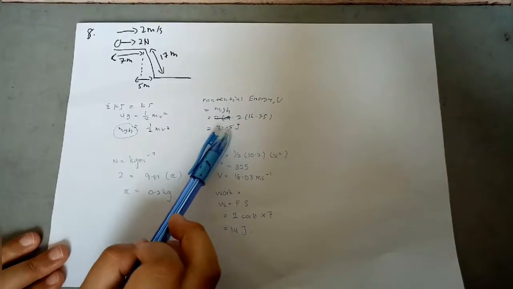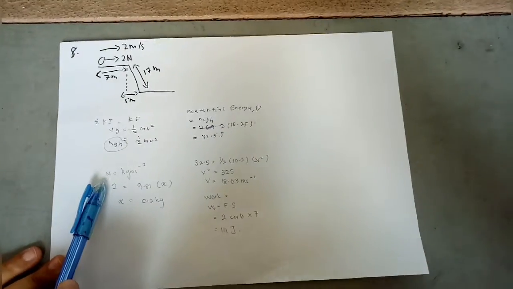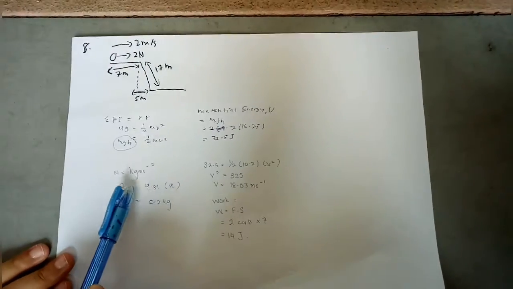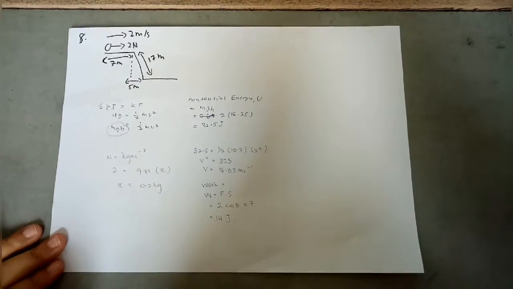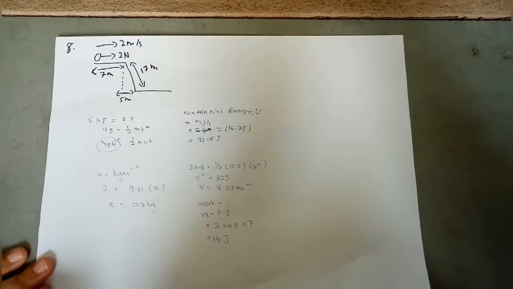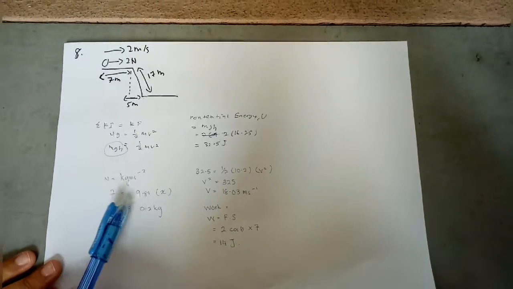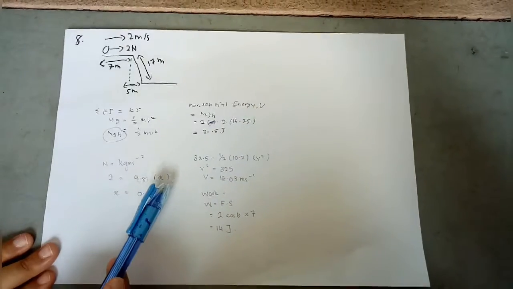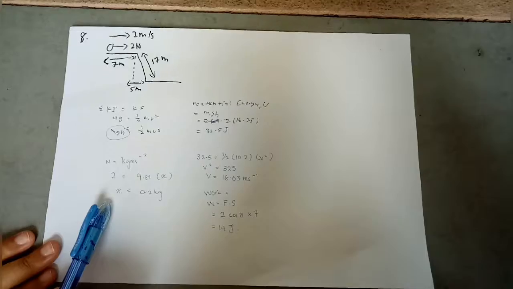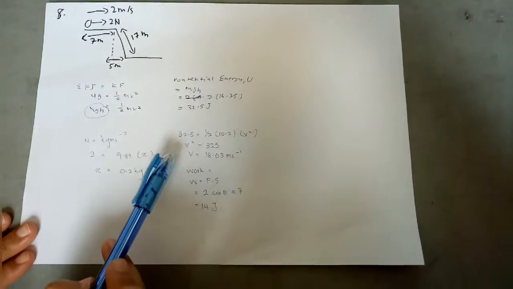So the total is 32.5 joule. Then we need to change the unit to kg m/s². So 2 equals 9.81 times x. So the answer of x is 0.2 kilogram.